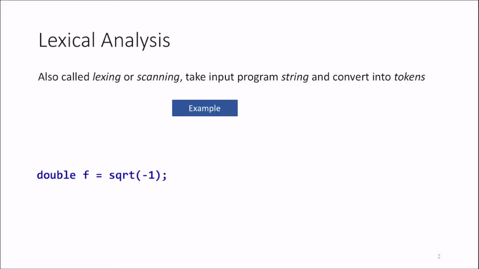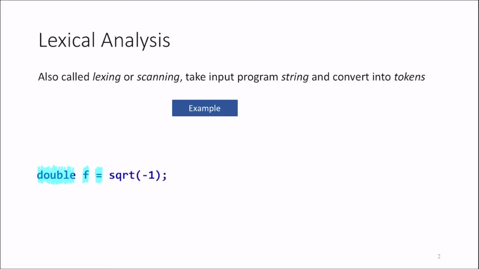So let's take a look at an example where I have this input string, which is like a fragment of a program, and the job of the lexical analysis is to identify double as being one of the reserved words in the programming language, and then identifying that this f is an identifier, a variable in this case.